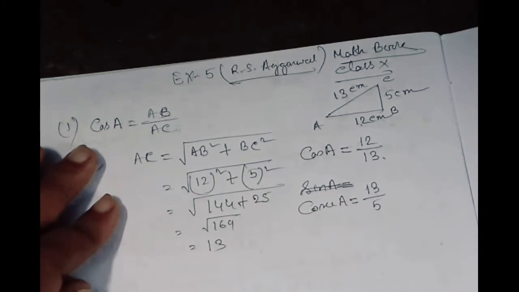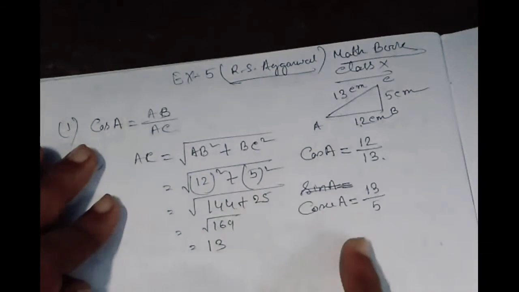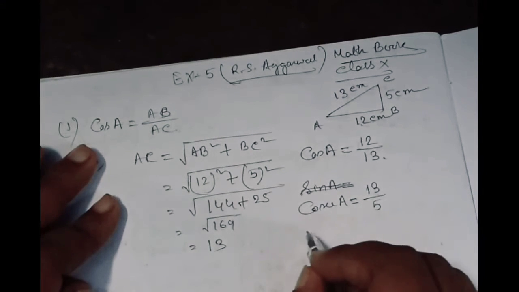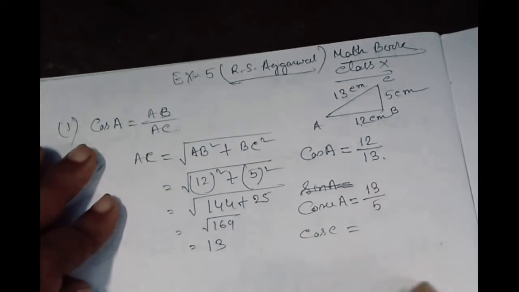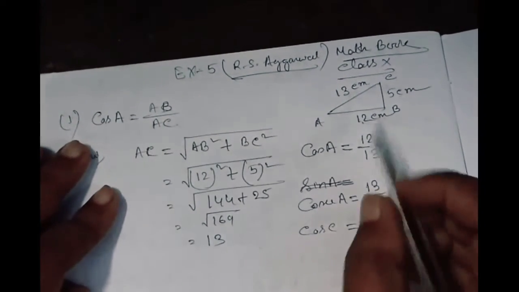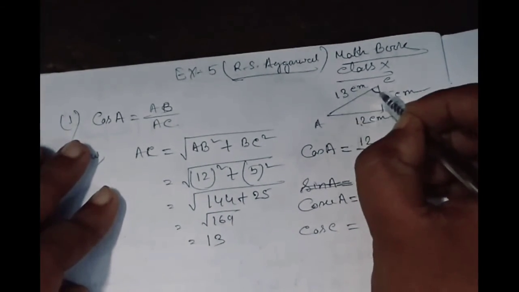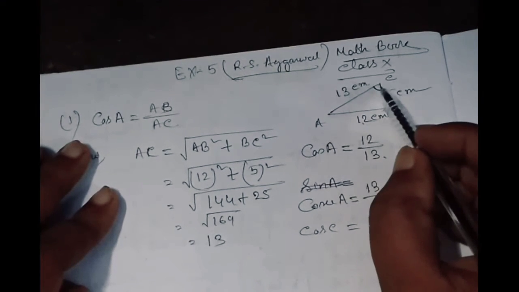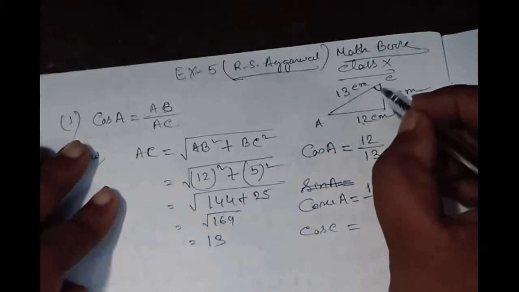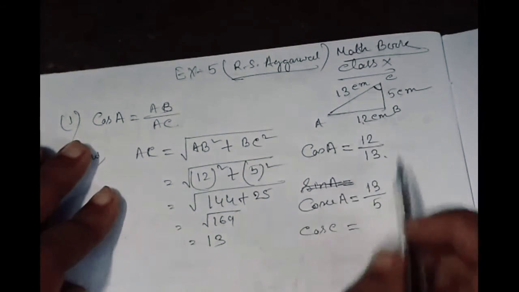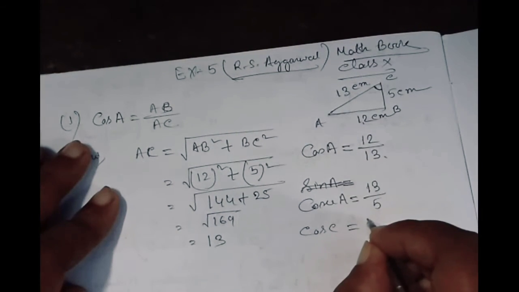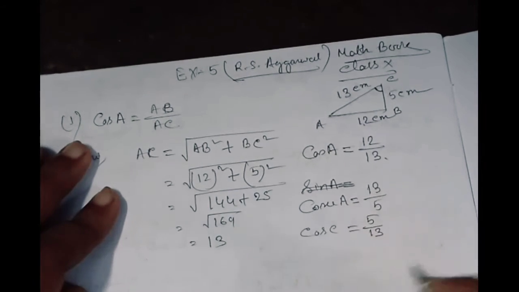Okay, next cos C. So cos C means this angle. So in that case the base is 5 and height is 12, so cos C is equal to base by hypotenuse, that is 5 by 13.